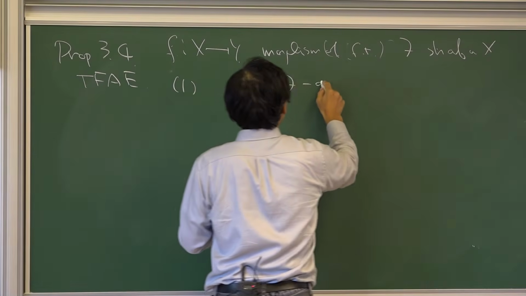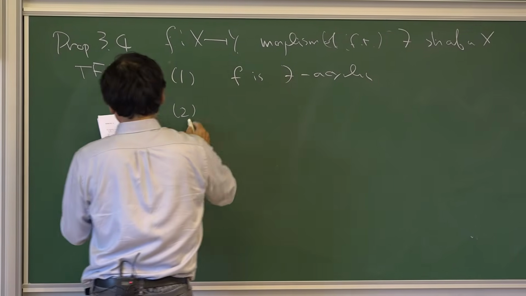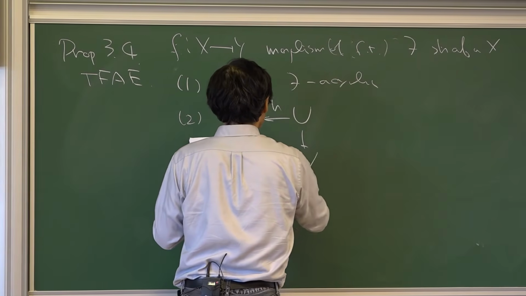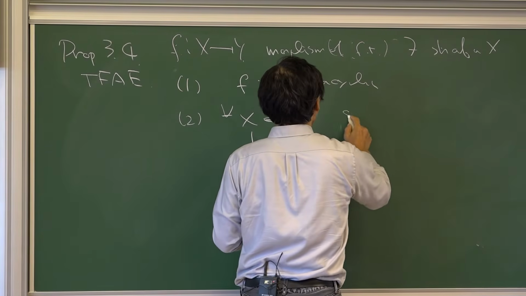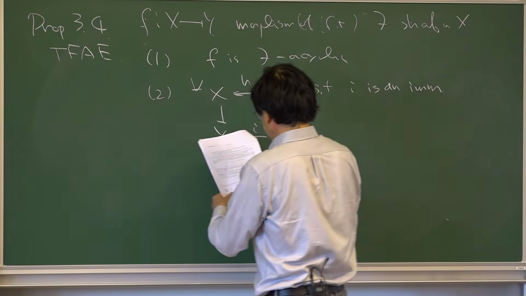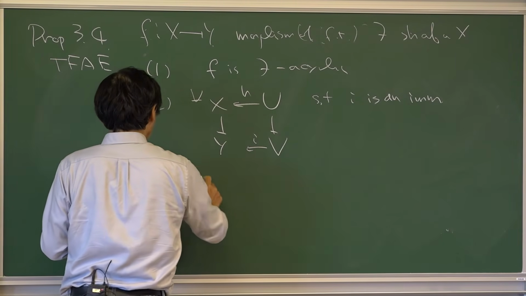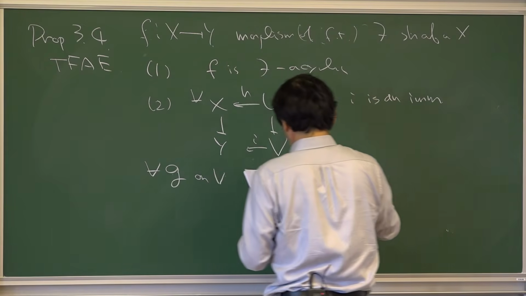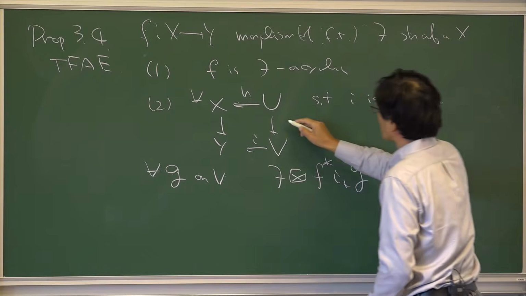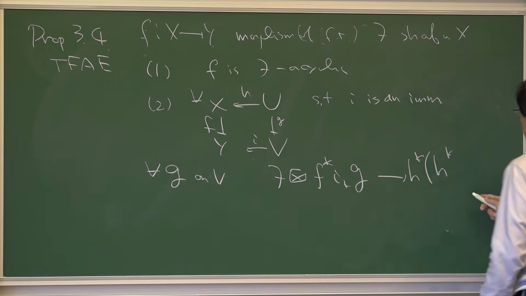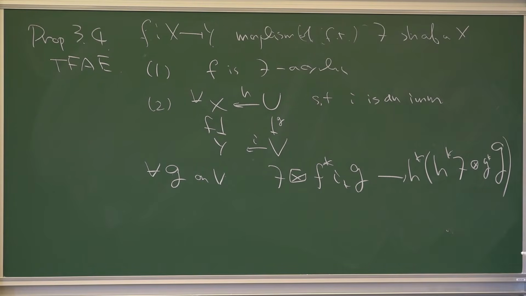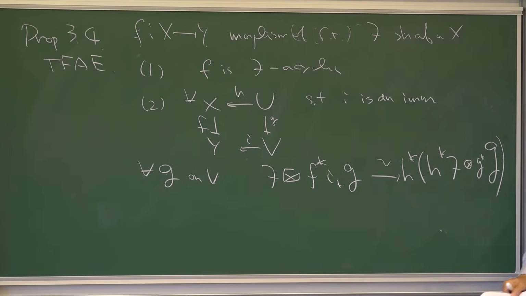F is F-acyclic. So in every Cartesian diagram such that i is an immersion, and for any G on V, this canonical map h star F, then i star G is an isomorphism.